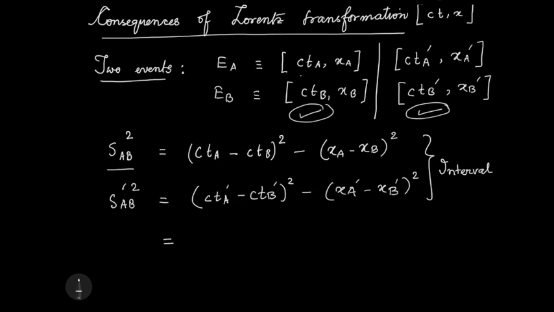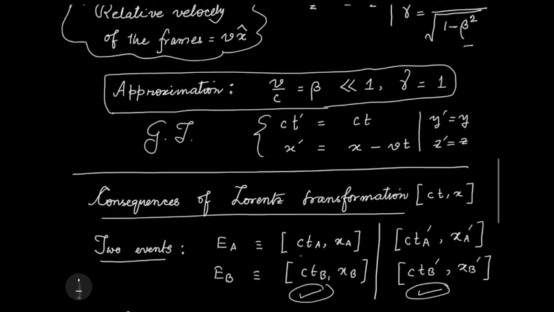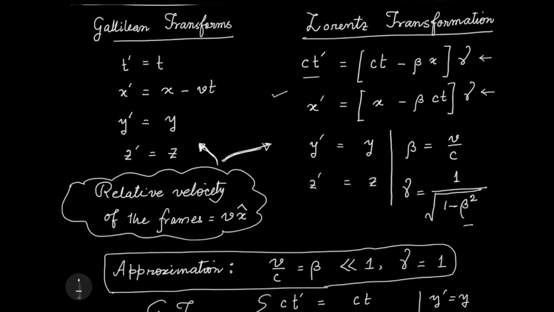If you work this out, how will I work this out? In place of CTA prime, I will write the Lorentz transformation, which is gamma times CTA minus beta XA, minus gamma times CTB minus beta XB, whole square, minus the Lorentz transformation of X, which is gamma times XA minus beta CTA, minus gamma times XB minus beta CTB, whole square. I am just using these rules essentially.